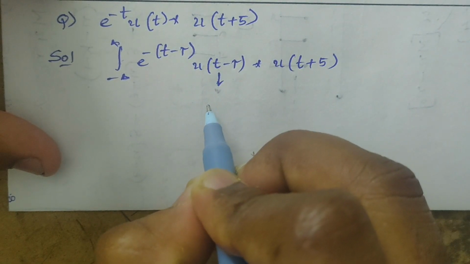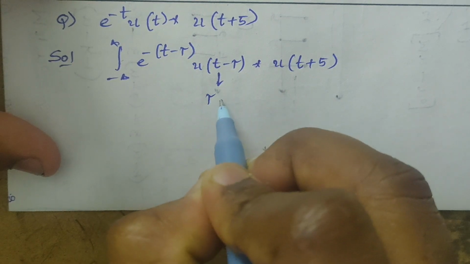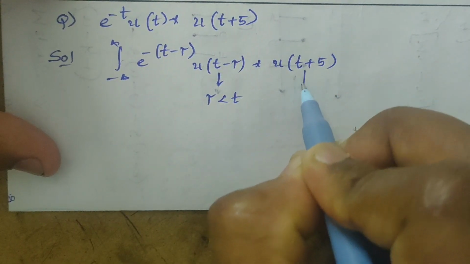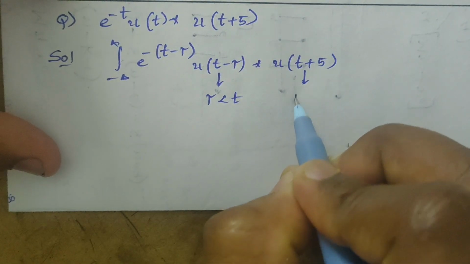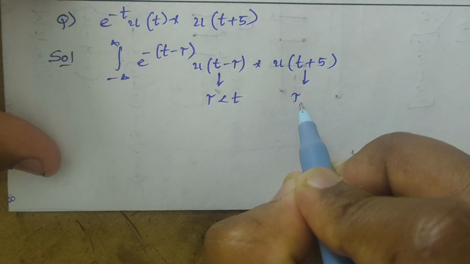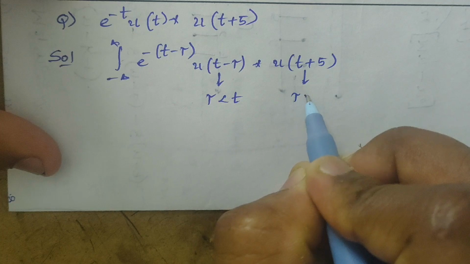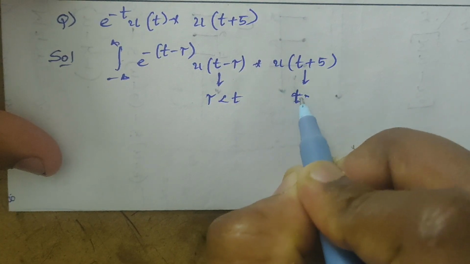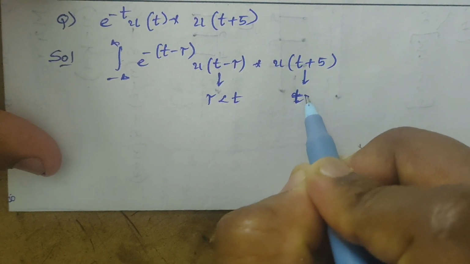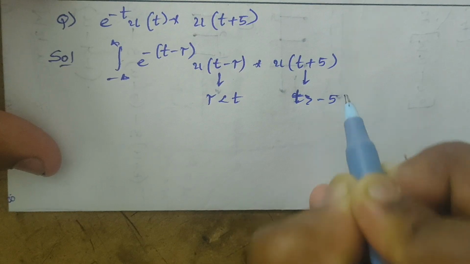Here tau is less than t and tau is greater than minus 5.